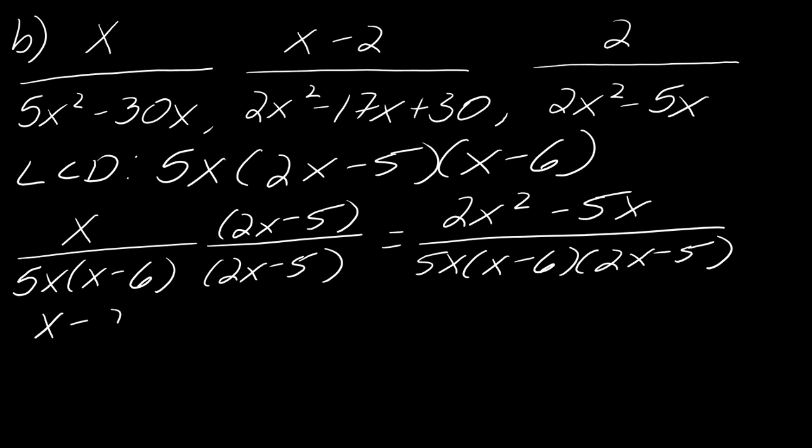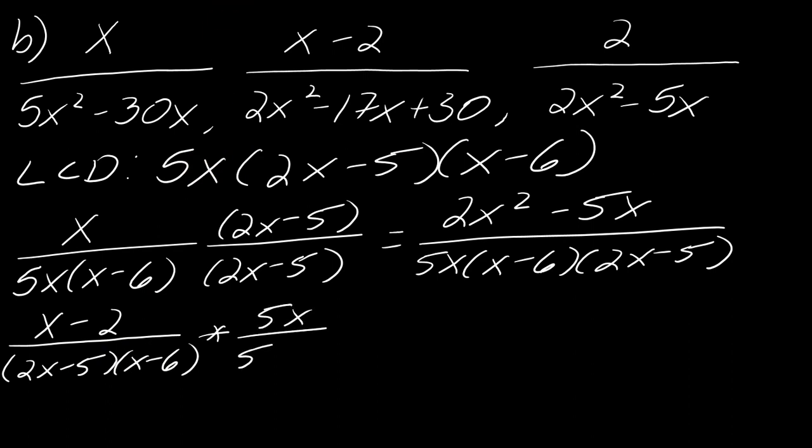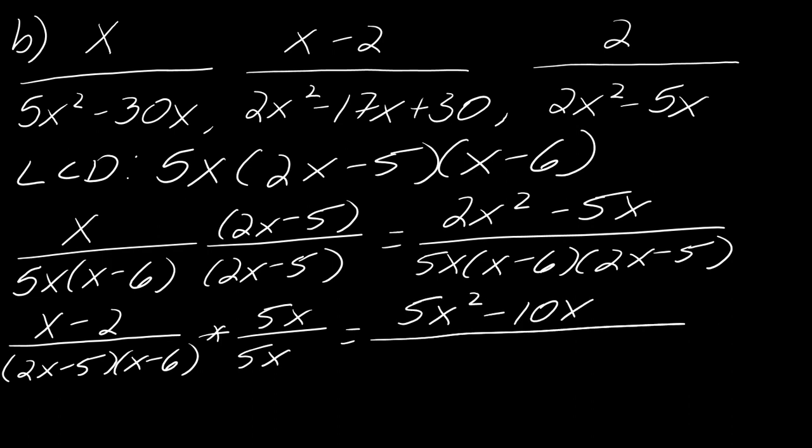Okay, for the next one, in its factored form, this was 2x minus 5, x minus 6. So if this is what I have, then I need to multiply the top and bottom by 5x. And then I can distribute, so this becomes 5x squared minus 10x on top, and all of this other stuff on bottom.